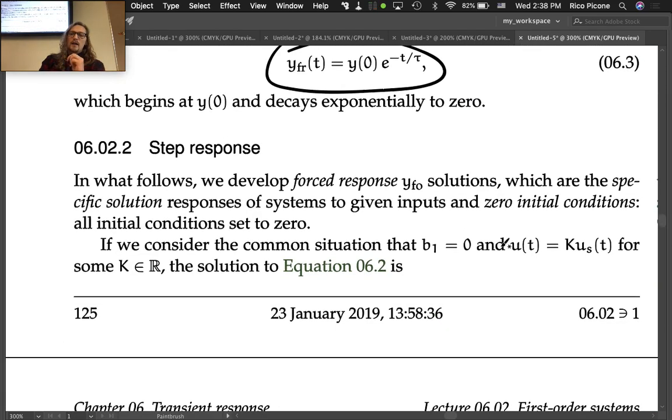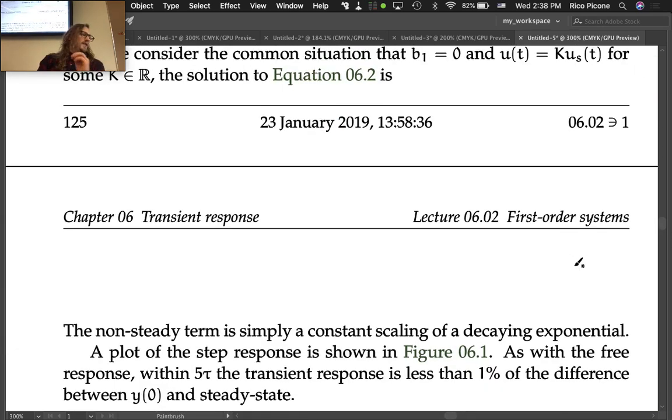Frequently we don't, though, and we just have this scaling of the input u show up. And if we have our input being the unit step function scaled by some constant k, the solution to equation 6.2 is what? y forced of t equals that constant that scaled our unit step function, so this k, times b naught.